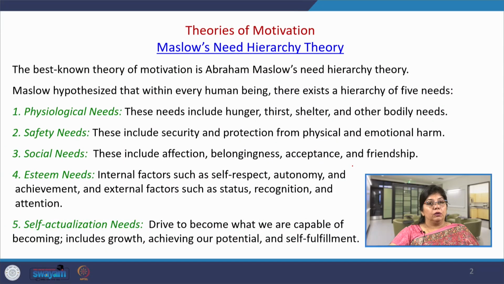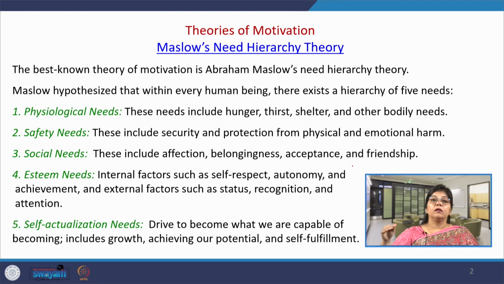So, before getting into the different theoretical aspects of motivation, I will start with Maslow's need hierarchy theory. This is the foremost and most classical theory of motivation, given by Abraham Maslow. It is one of the most famous classical theories, based on how to motivate employees by helping them satisfy their basic needs.